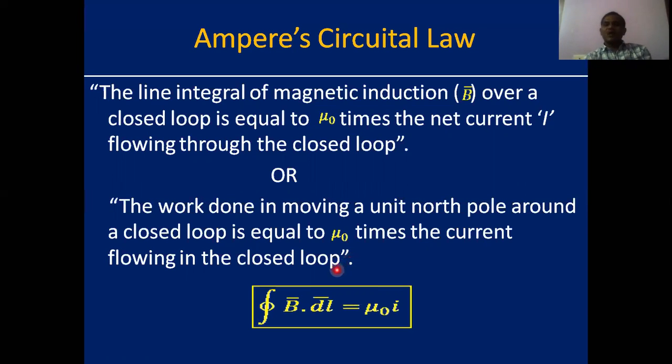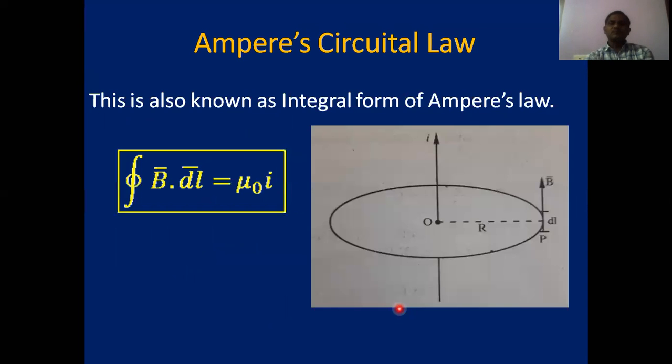So how are we writing it mathematically? Closed integral B bar dot dl bar equals mu naught times I. Okay. This is also known as the integral form of Ampere's law or Ampere circuital law, right?